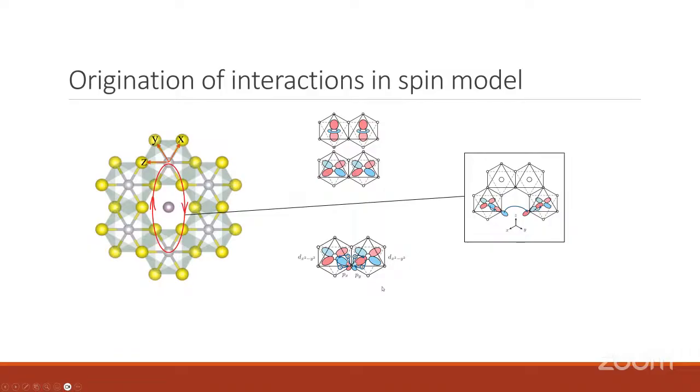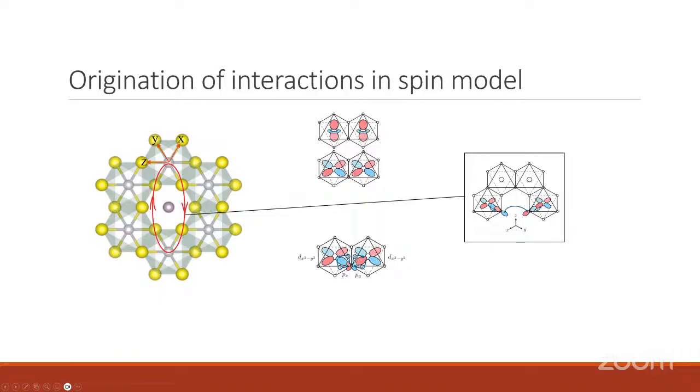However, the ligand-mediated hopping fails eventually because the distance between the nearest neighbor sites makes it very difficult for the electrons to talk to each other. So this one fails, and the eventual spin-spin interaction of the nearest neighbor site becomes ferromagnetic.